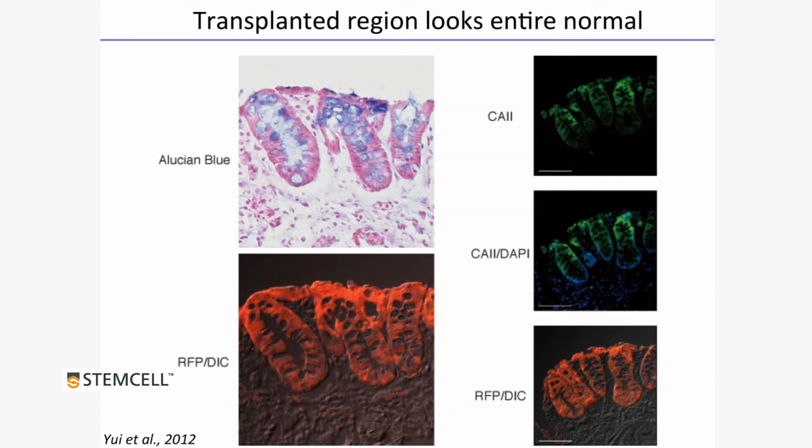Three months after the transplantation, these red colonic crypts were found in the intestinal epithelium of these mice, indicating that these cells had not only engrafted but also participated in the normal homeostasis of the tissue.